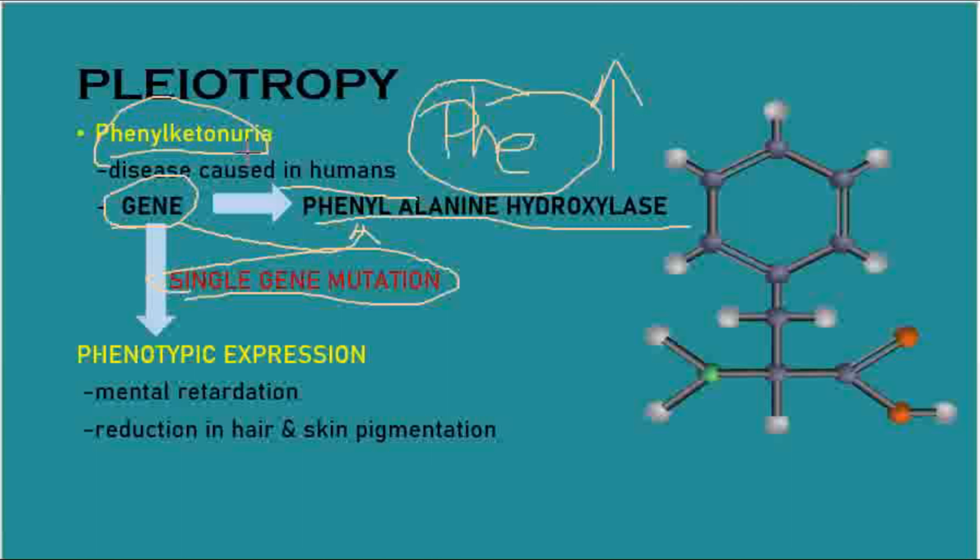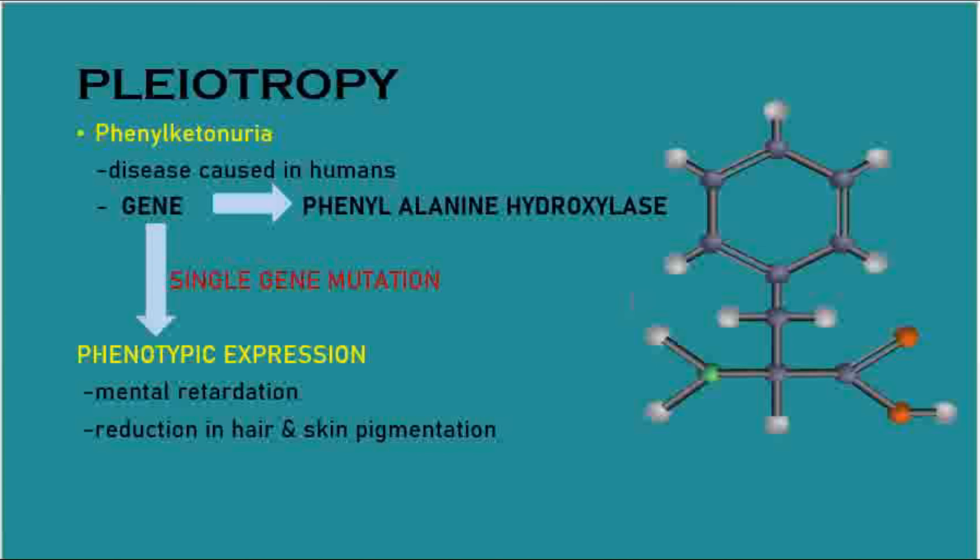Any individual who is affected with phenylketonuria has high levels of phenylalanine in their body. This high buildup of phenylalanine causes mental retardation and reduction in hair and skin pigmentation. These are the phenotypic expressions which are seen. Because of a single gene getting affected, it results in multiple traits. It affects the brain and also the skin. So this is an example of pleiotropy.